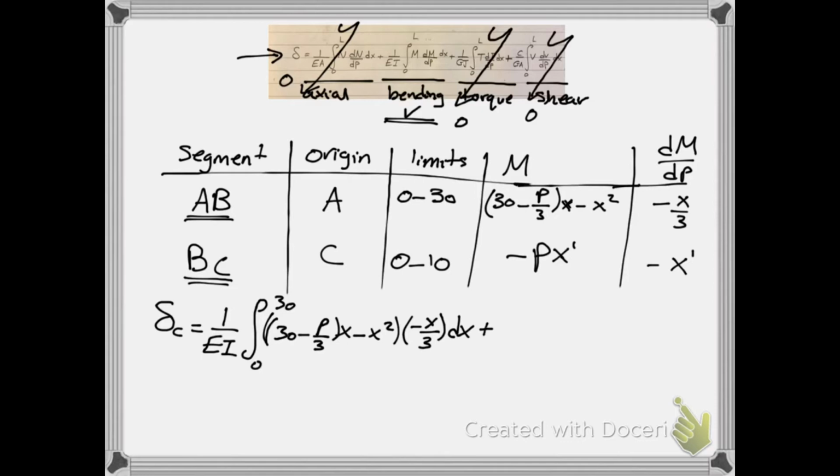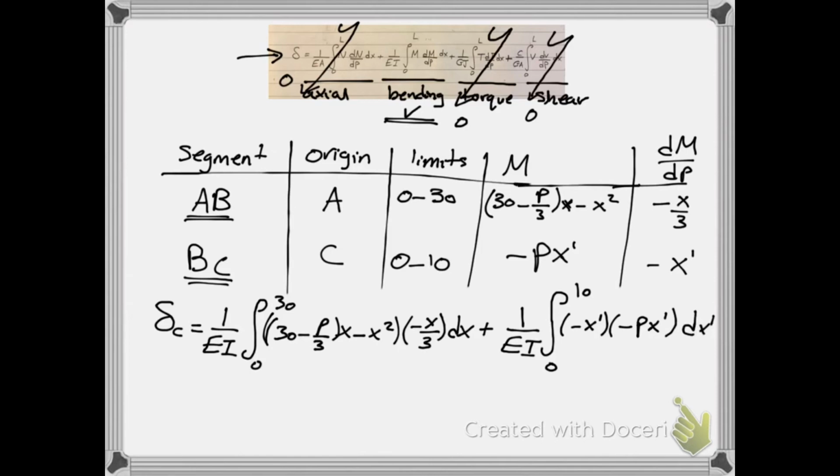For segment BC, same thing, 1 over EI, from 0 to 10, negative x prime times negative Px prime dx prime.